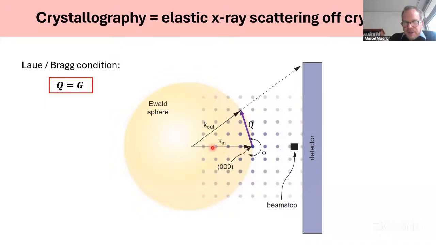Then exactly for this angle, where Q equals the reciprocal lattice vector that is drawn here, at that point on the detector plane we will expect to see a maximum in the scattered light intensity.